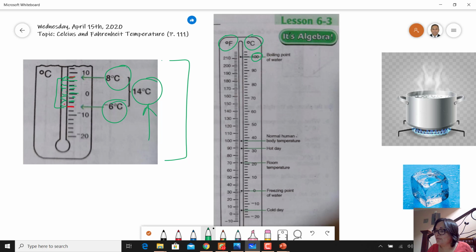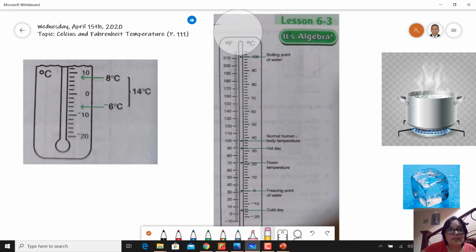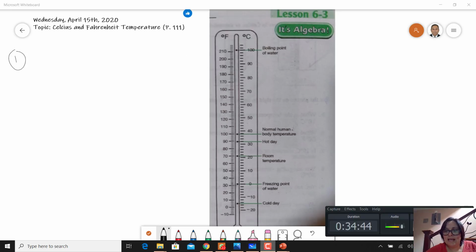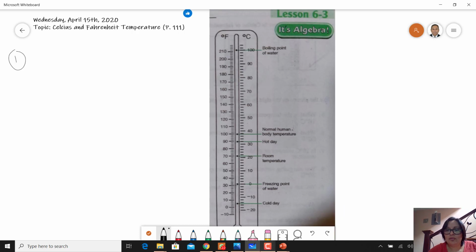So we are going to answer questions number 1, 2, 3, 4, and 5 on page 111, and I will help you with some of them for you to know how to do it. So in number 1, let me erase this, please. Number 1 says, at what temperature does water freeze on the Fahrenheit scale?